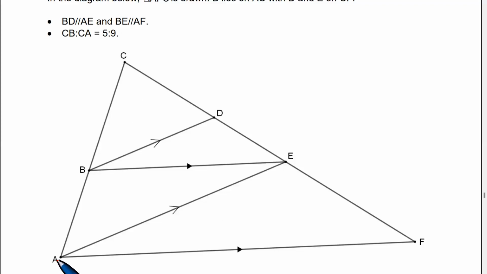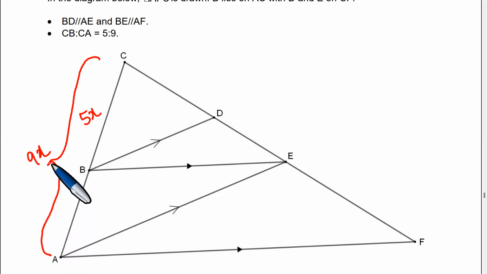So in other words, if you have CB, you can call it 5x. And then you have CA, you can call it 9x. And then you have this.